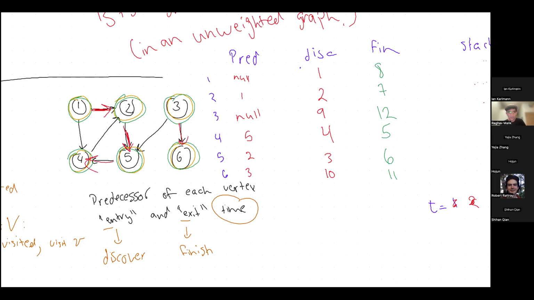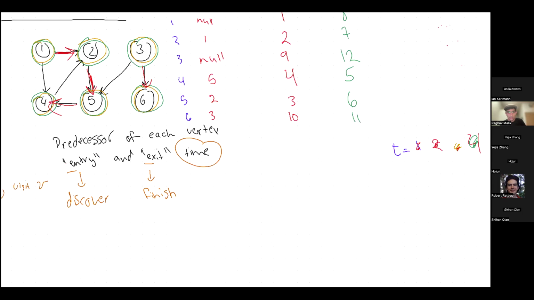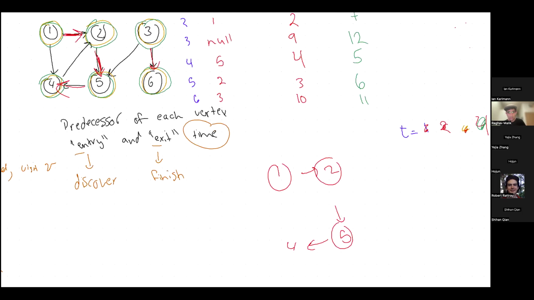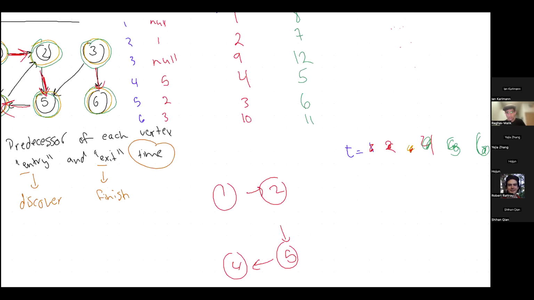But instead of getting a proper tree, right? If I look at the subgraph induced on these edges, it's now disconnected, right? I get the sort of forest.